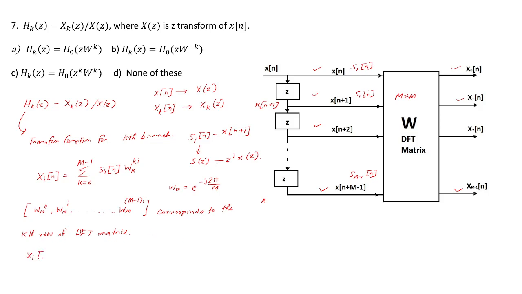So your x_i of n can be seen as the inner product between S_0 of n, S_1 of n up to S_(m minus 1) of n, and the kth row of the DFT matrix.